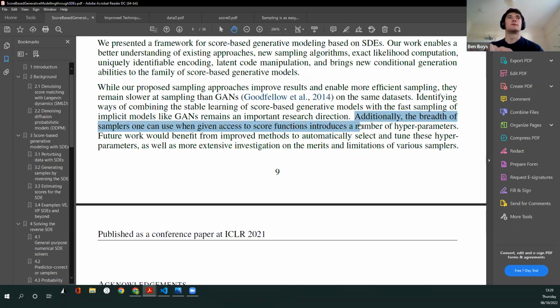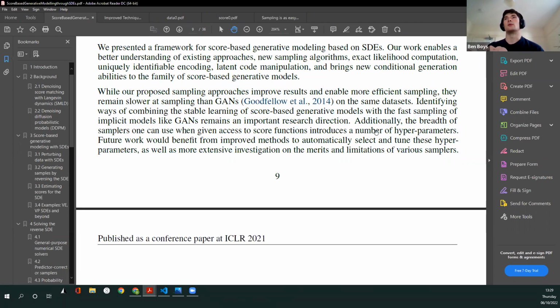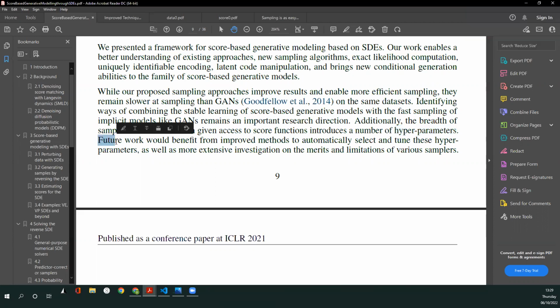Additionally, the breadth of samplers one can use when given access to score functions introduces a number of hyperparameters. So these hyperparameters need to be tuned in order to get good performance. And I'm not sure what those hyperparameters are, but if anyone knows, let me know. Would it be the alpha coefficient in the dynamics?